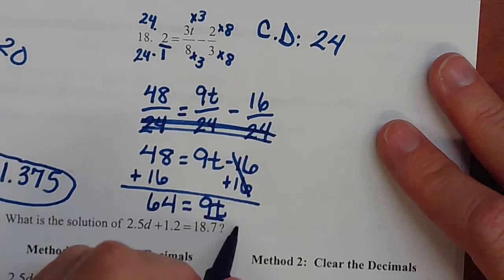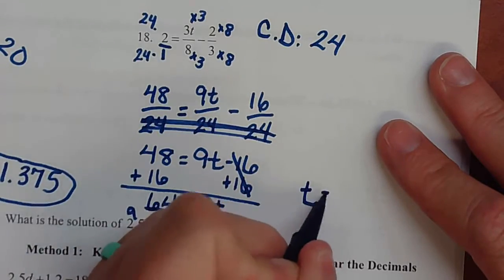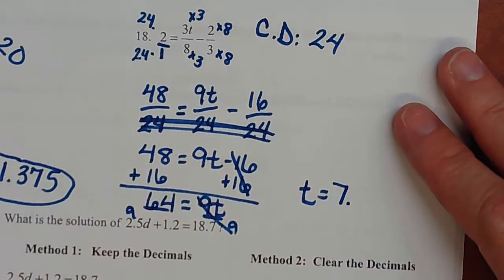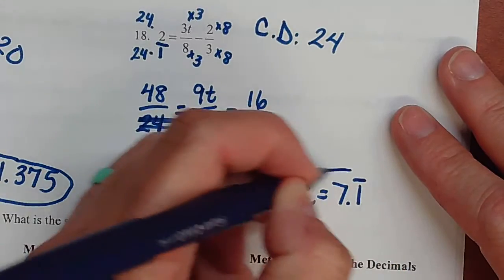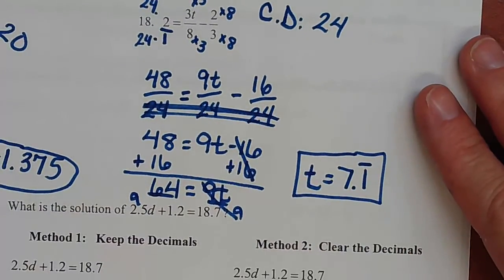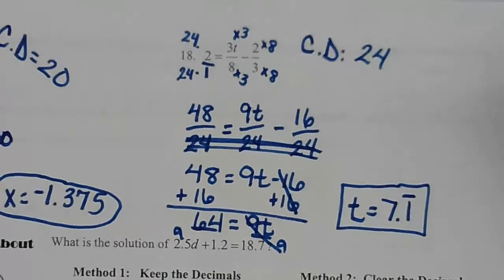Ew. And then divide by 9. So t equals 7.1 repeating. Gross, but that's okay. So the hardest part is figuring out what that common denominator is going to be.